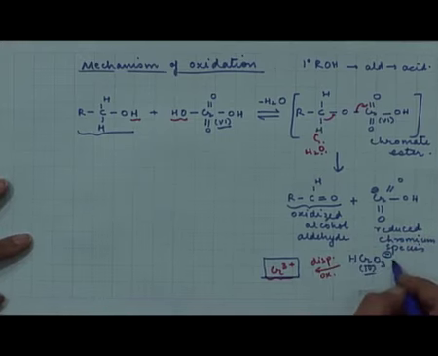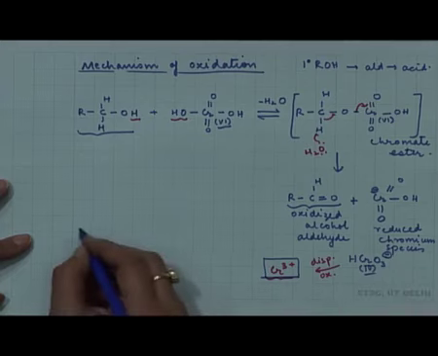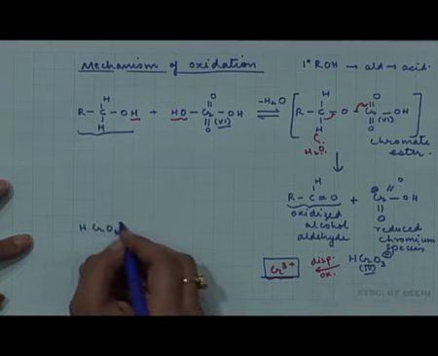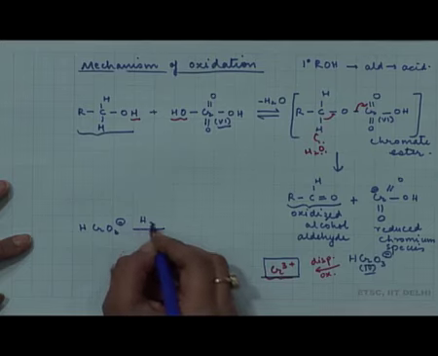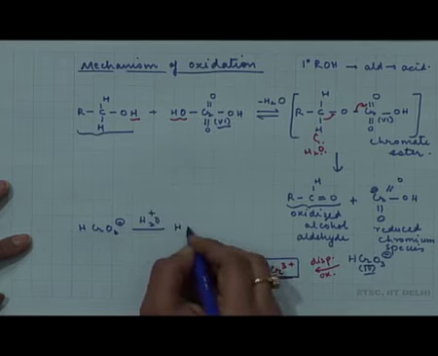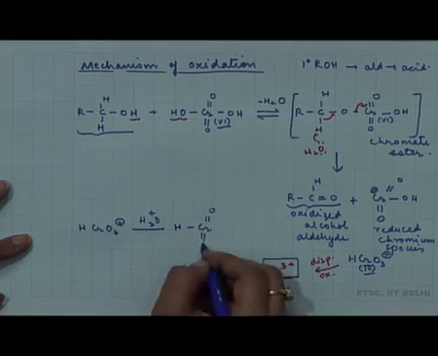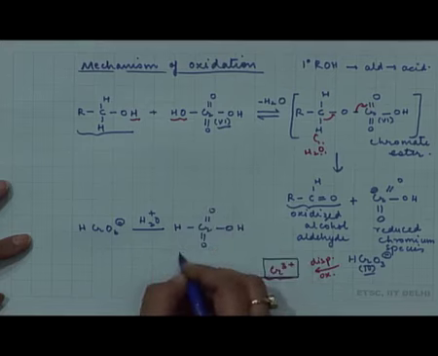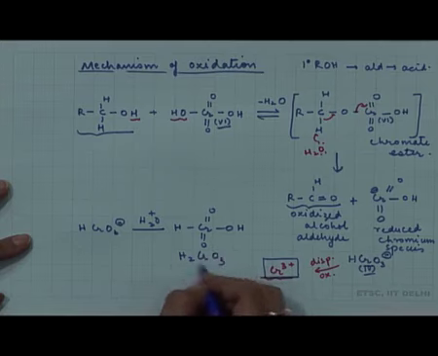It can get protonated here, HCrO3 minus, you are working under acid conditions, to give you this molecule, which is H2CrO3.